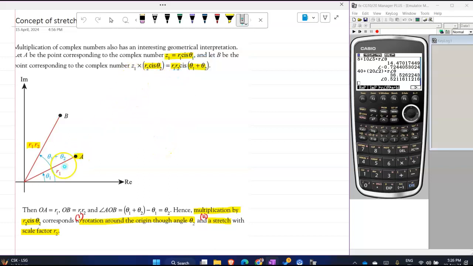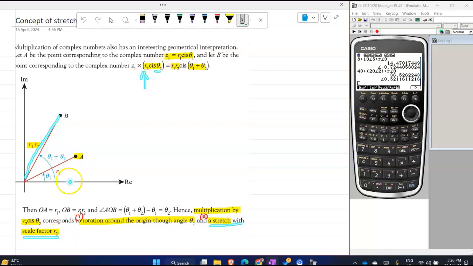Now what happens is the modulus of A gets enlarged. It gets stretched by a factor R2, because you're multiplying by R2.